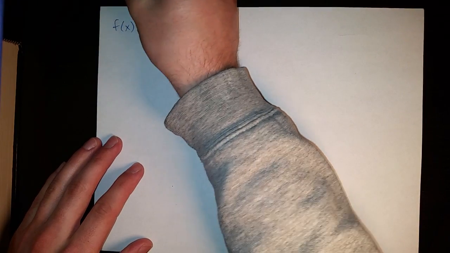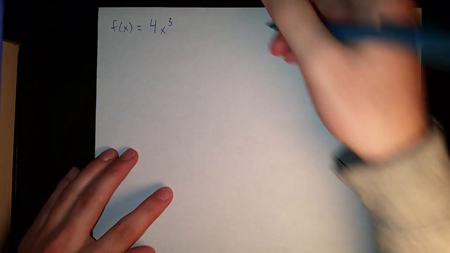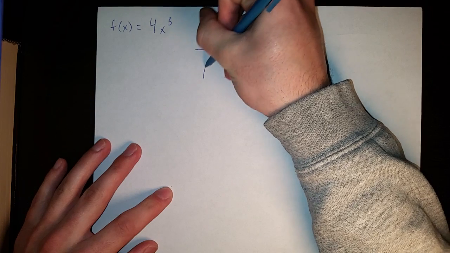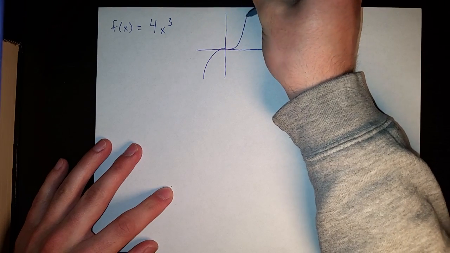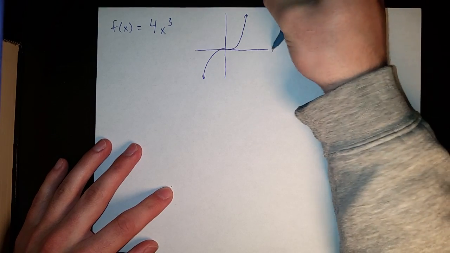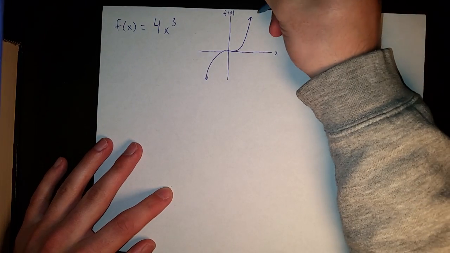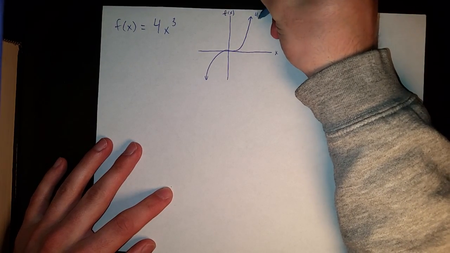All right, let's go on to a little bit more complicated example. Let's let f of x equal 4x cubed. So let's draw the graph. Something like this.